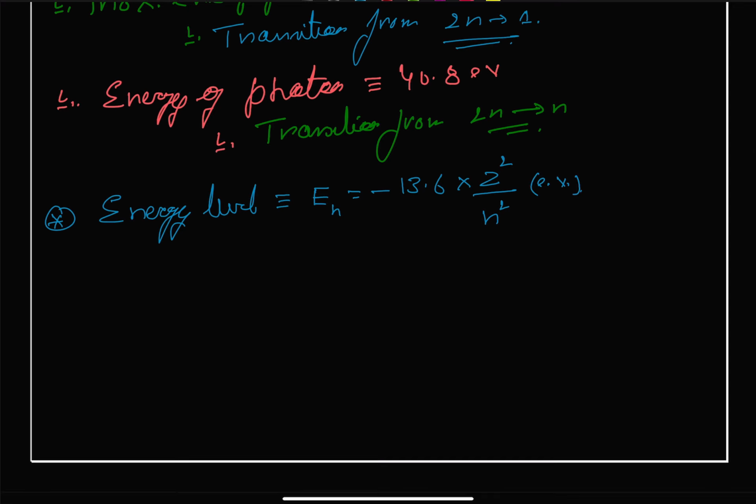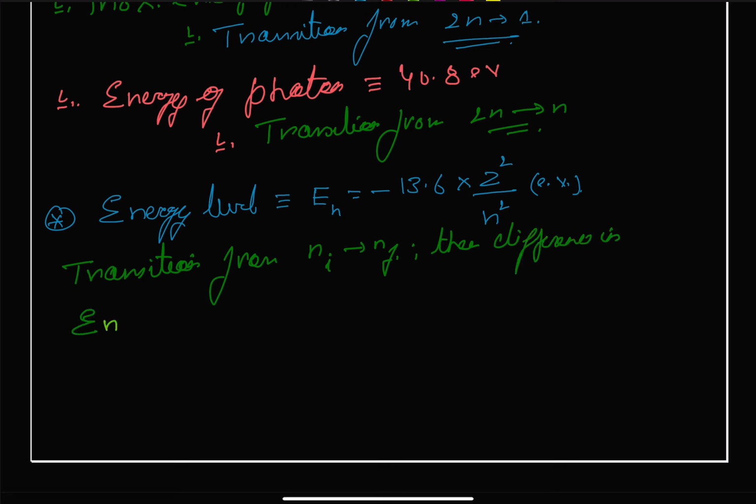And if the transition is from Ni to Nf, then the difference in energy, let us call that delta E, will be equal to energy at Nf minus energy at Ni.